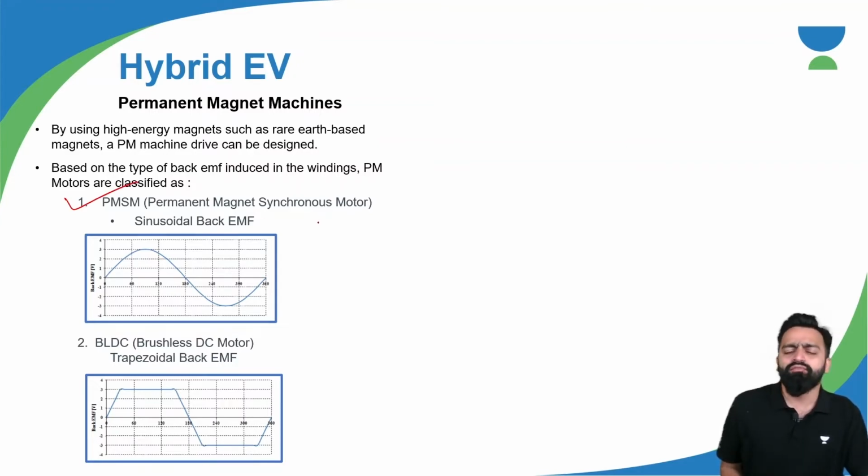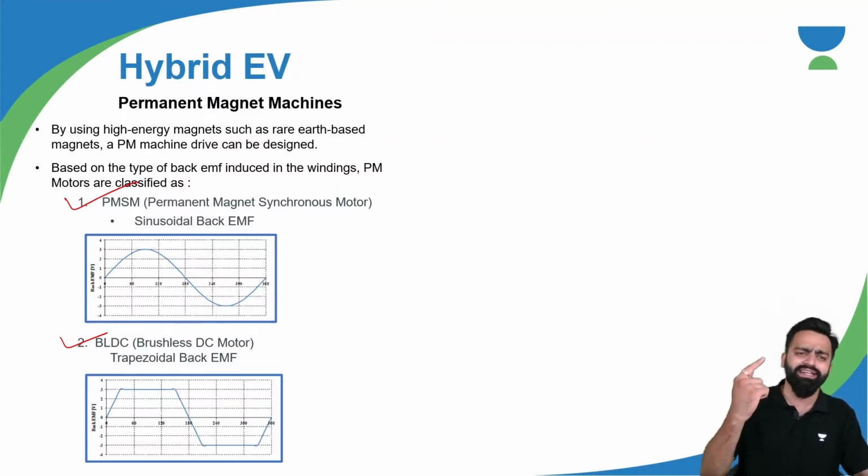In this motor, whatever back EMF gets generated is sinusoidal. We have already understood what back EMF is when we learned the DC motor. In the case of the BLDC motor, which is a brushless DC motor, the back EMF generated is trapezoidal. So there are two ways you can have permanent magnet motors: one is PMSM and the other is BLDC.